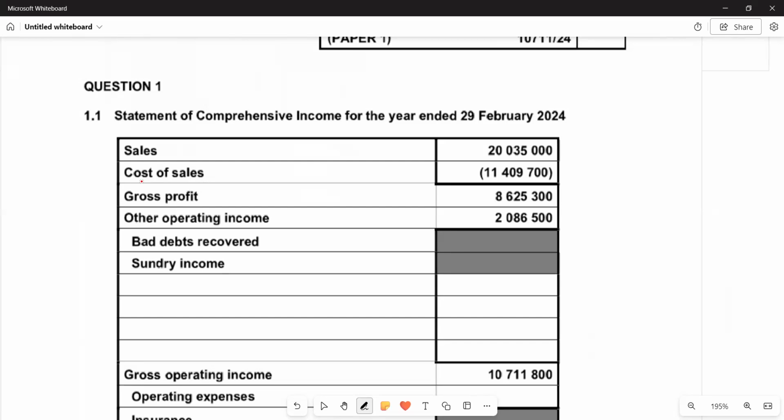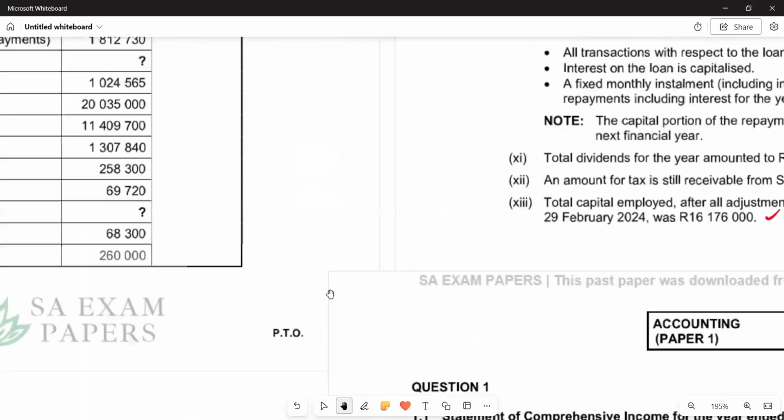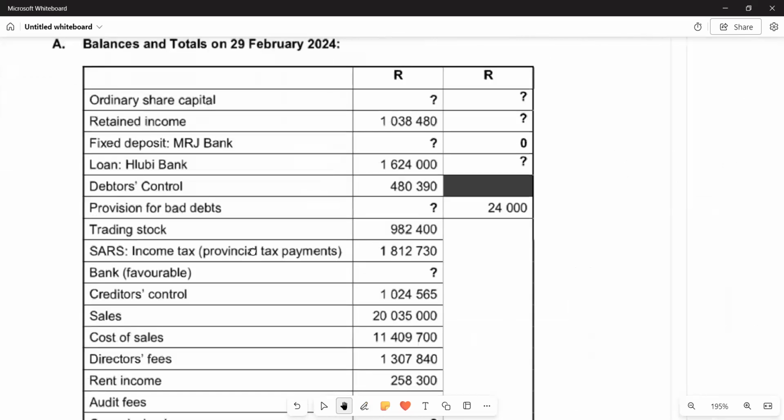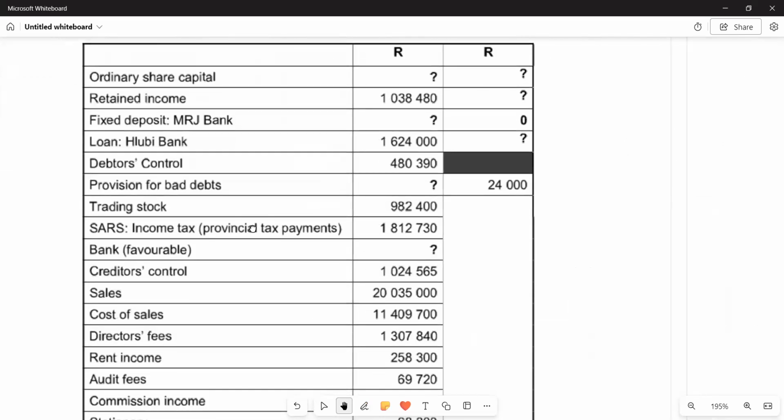Then we go to the question and try to see if you've got any other income that is given. Obviously you are going to look at each and every balance that you are given to check if it applies to other income.